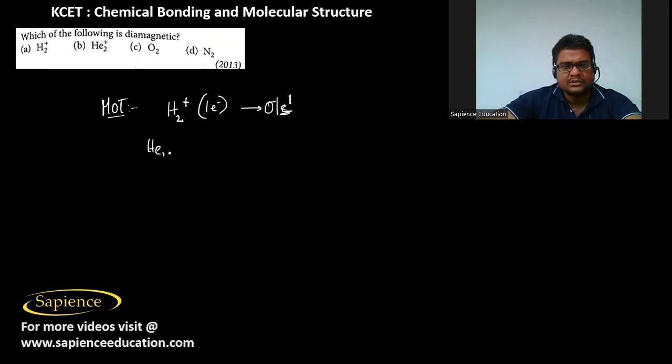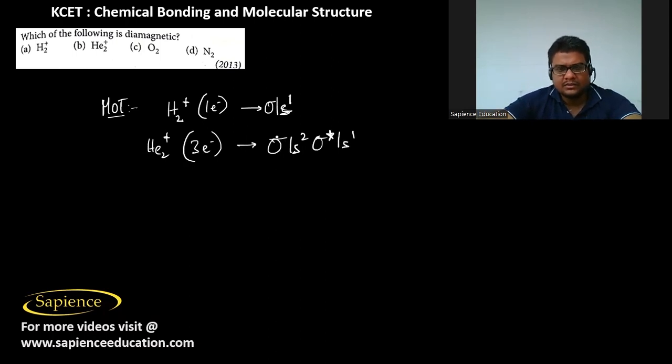And for He2 plus, helium 2 would have 4 electrons, but it is He2 plus, so it will have 3 electrons. So here it has sigma 1s2, sigma star 1s1. We know that if there is any half-filled molecular orbital, then the molecule will be paramagnetic.